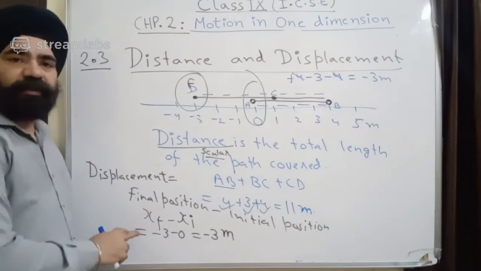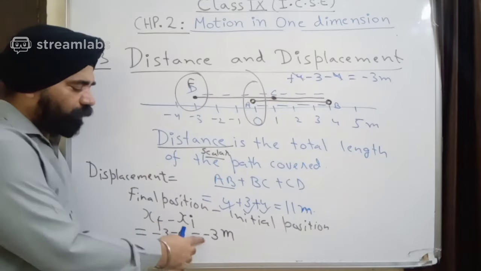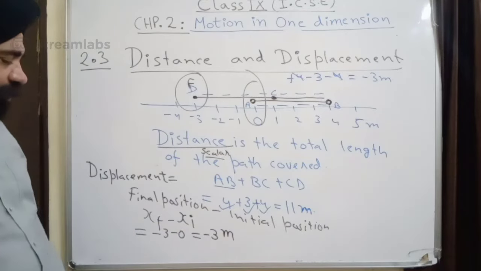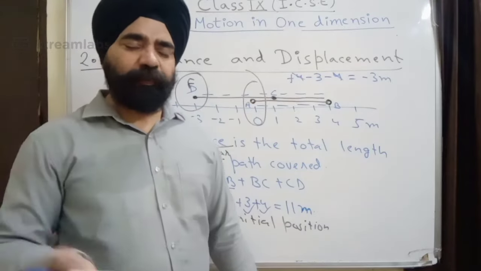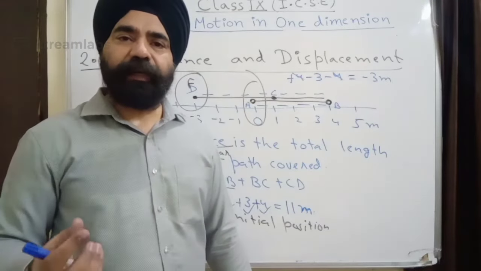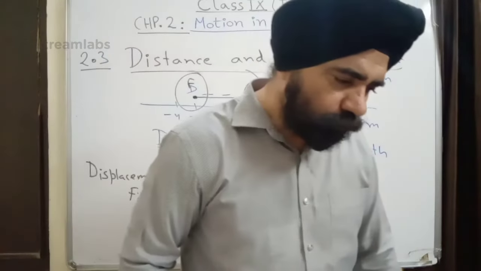But the rule is the final position minus the initial position gives me the negative sign, which tells me the direction. So this is a vector quantity. The displacement is a vector quantity which is complete only when I specify its direction also.